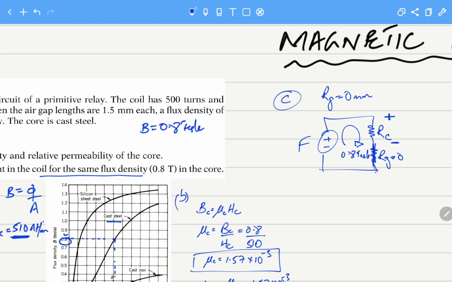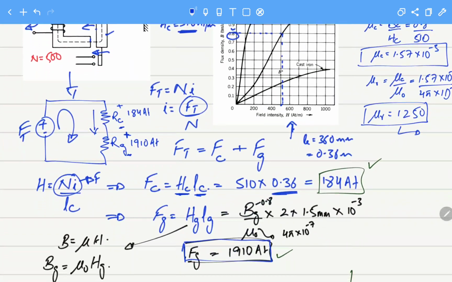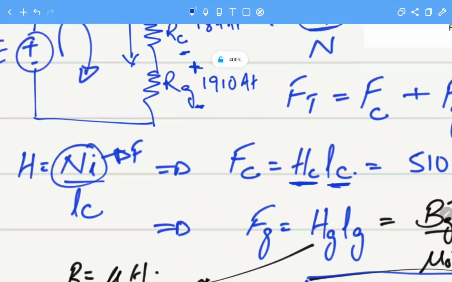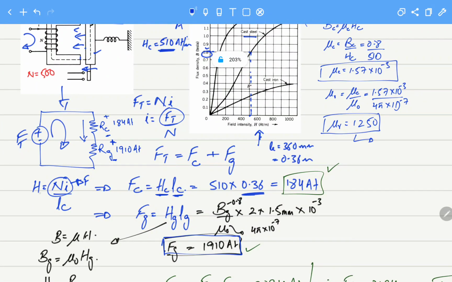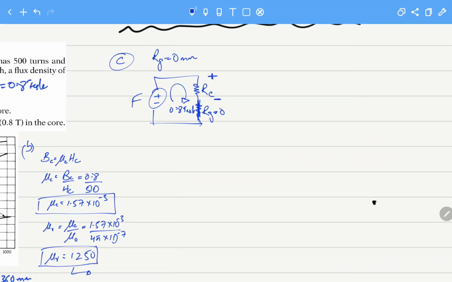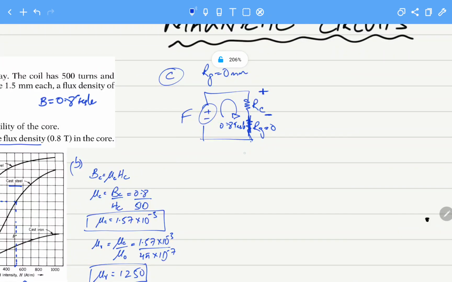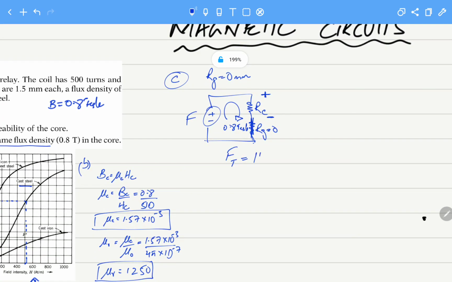This should be very simple. All of the force required should drive this flux through the core. As we have calculated previously, the magnetic field intensity equals Ni over Lc, where Ni is F. So Fc, in this case, part C, the total force will equal only the force required to drive flux through this core.